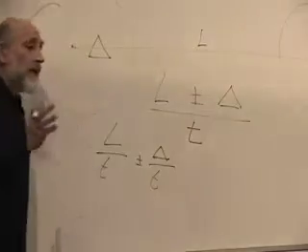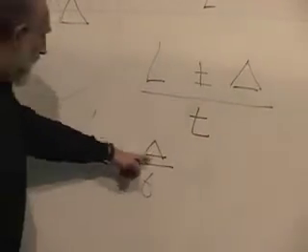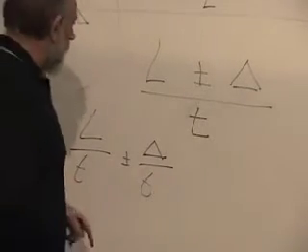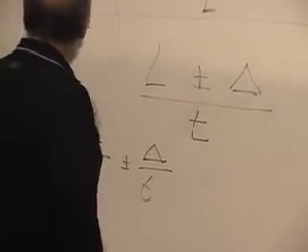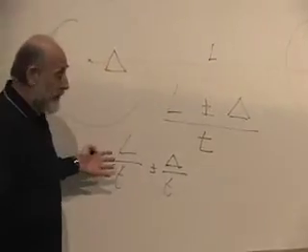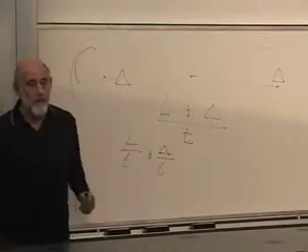And if we make t big enough, delta over t can be arbitrarily small. So it seems that we can measure the position to accuracy delta, but the velocity to arbitrary accuracy, because delta over t gets smaller and smaller.